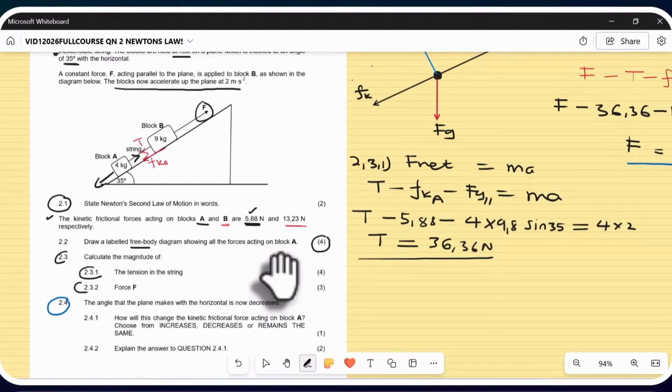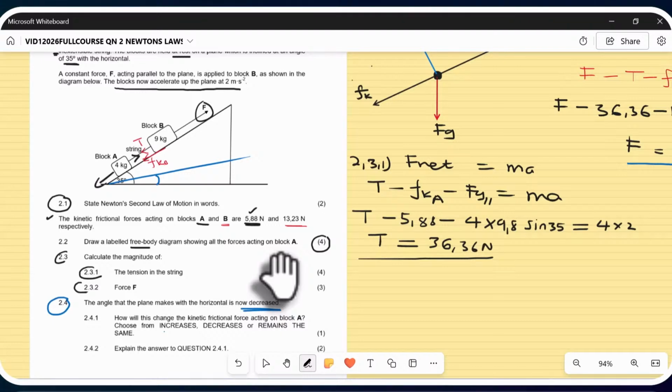Now, if this angle of inclination is decreased from 35, in this particular case our Fg perpendicular will do what? Will increase. And so our normal force will increase. And so, because normal force increased, it means that the frictional force is going to increase.